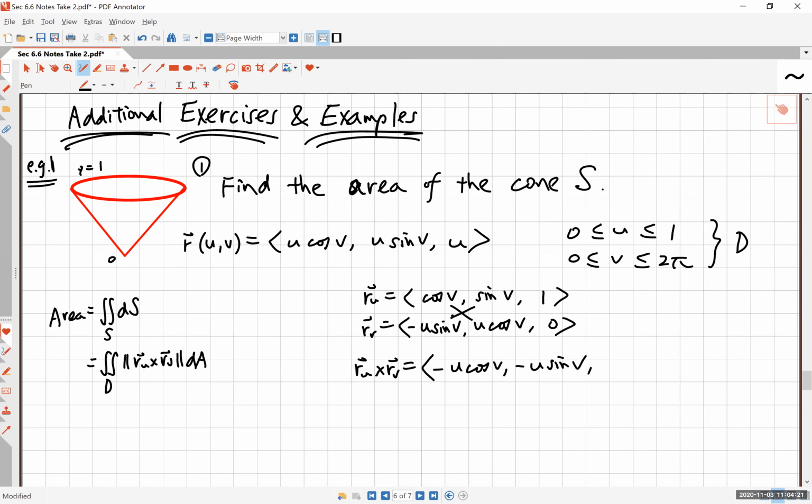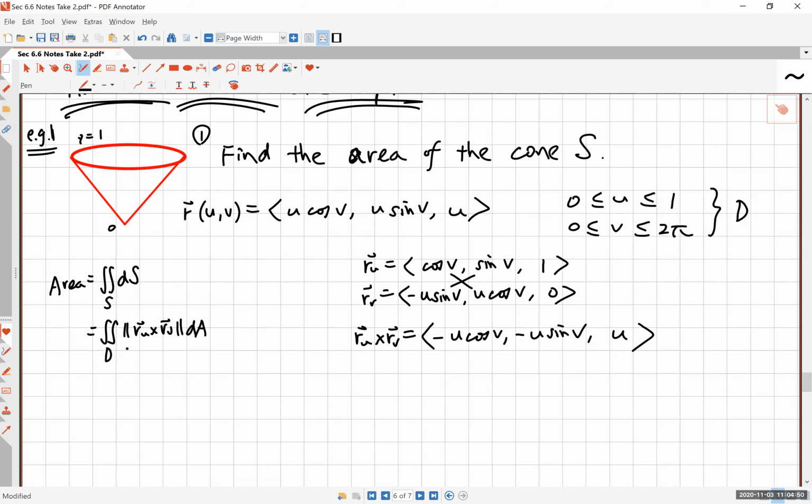I'm not going to write down all the details, but this will be u cosine squared v minus negative u sine squared v, which becomes u cosine squared v plus u sine squared v. Okay, did you get that? It's basically just u. And there's only one u because the top row r_u does not have any u in it. That's pretty nice. Okay, that's your cross product.